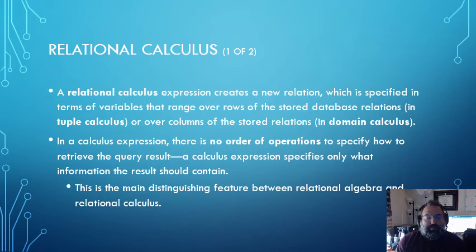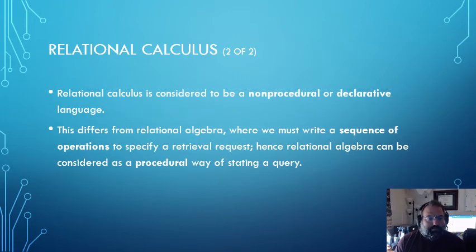A calculus expression specifies only what information the result should contain. This is the main distinguishing feature between relational algebra and relational calculus. Relational calculus is considered to be a non-procedural, or declarative, language. This differs from relational algebra, where we must write a sequence of operations to specify a retrieval request. Hence, relational algebra can be considered a procedural way of stating a query.